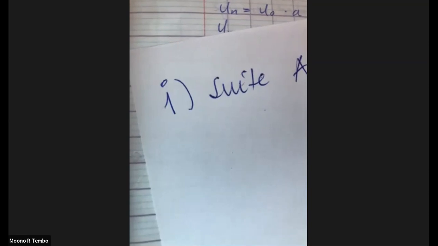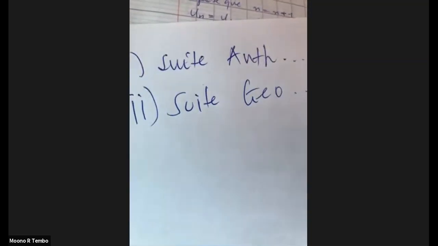The first is the arithmetic sequence. The second is the geometric sequence. These two are the ones you have.